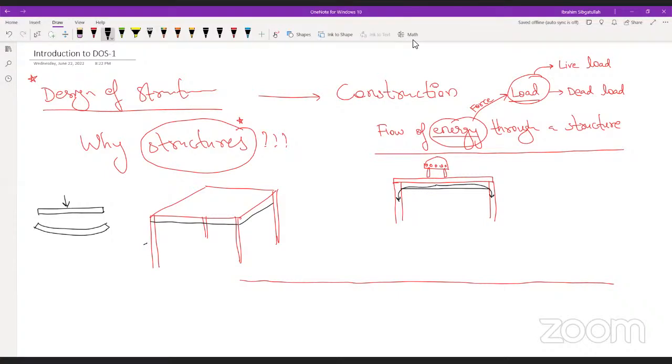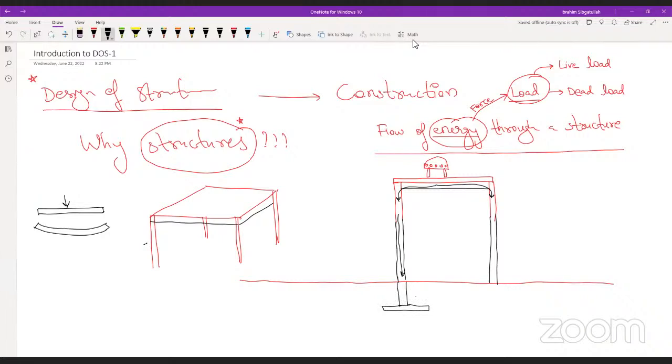And then these columns will act as a channel to flow the energy from the structure into the earth. And how do they do that? From the column, the last part of the structure is footings.